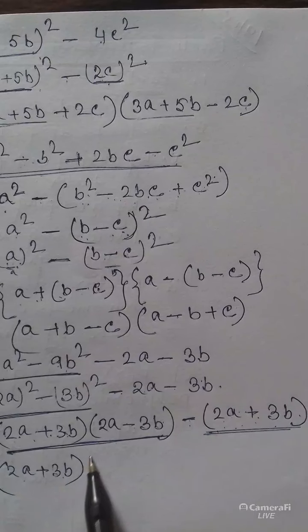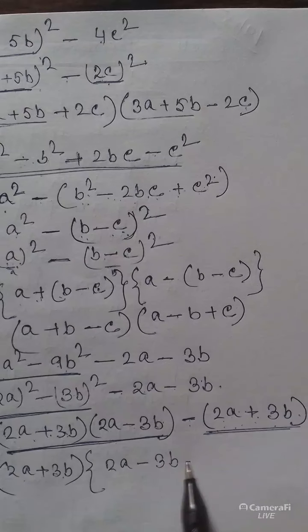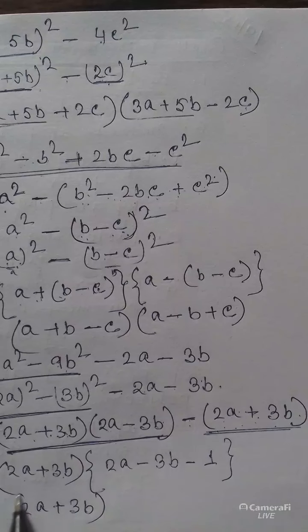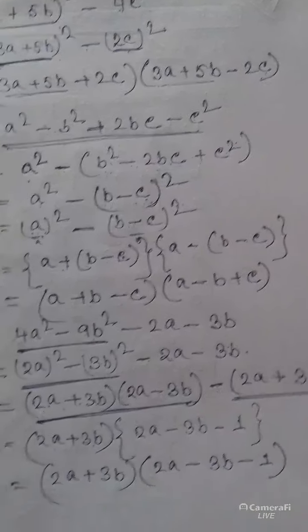Then (2a + 3b) common, (2a − 3b) left, minus 1. So the answer is (2a + 3b)(2a − 3b − 1).